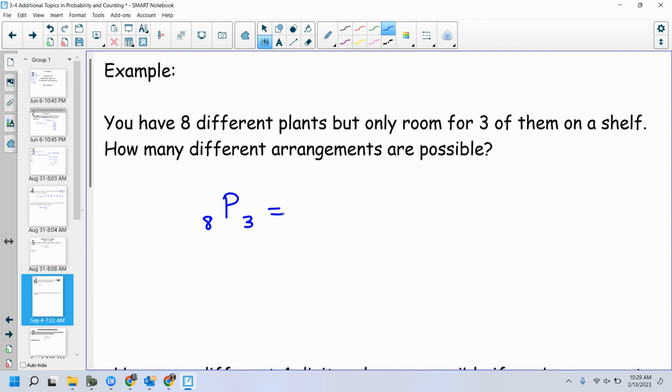Okay, so this is essentially 8 factorial divided by, well, if I take n minus r, 8 minus 3 is 5 factorial, right? Now, what's interesting is what happens next. Isn't 8 factorial 8 times 7 times 6 times 5 times 4 times 3 times 2 times 1?